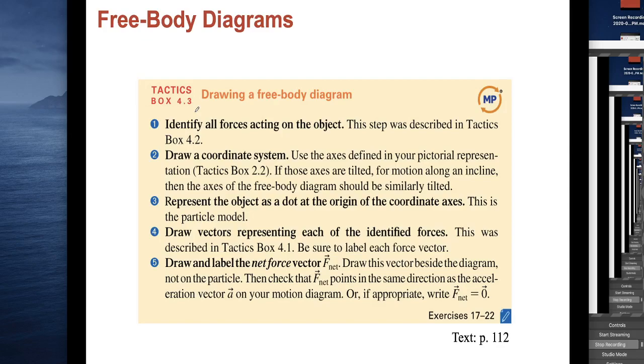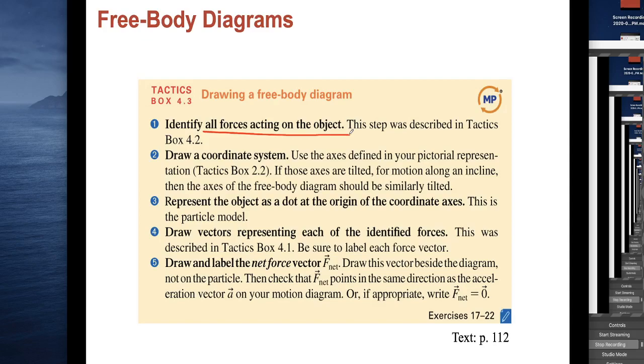First, identify all the forces acting on the object. In this step, please remember the first force you need to consider is always the weight. No matter what happens, if this object is on the earth, at least you need to consider the weight, and then consider other forces if there are any.